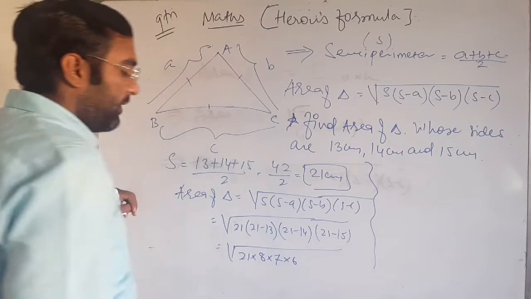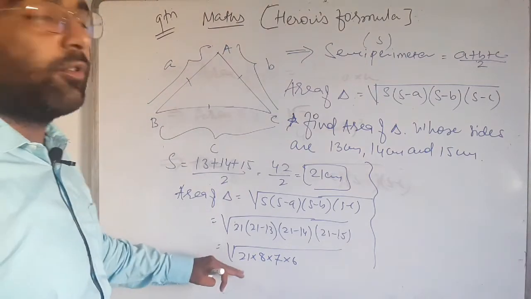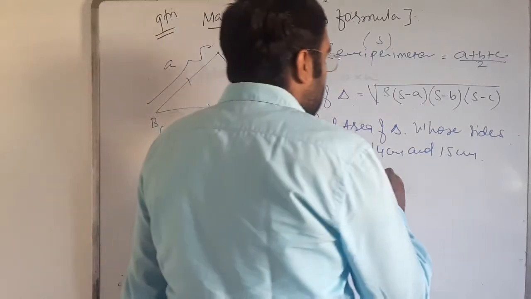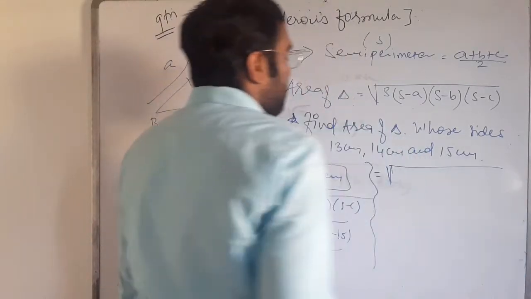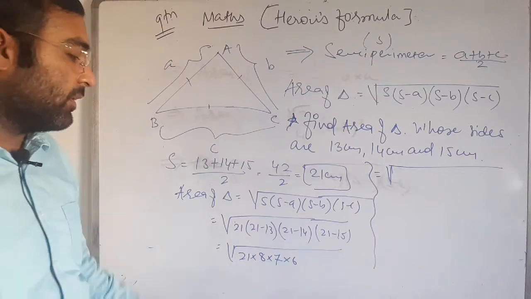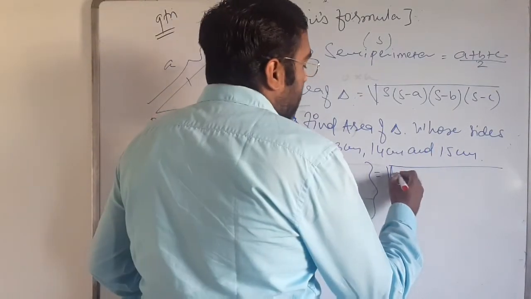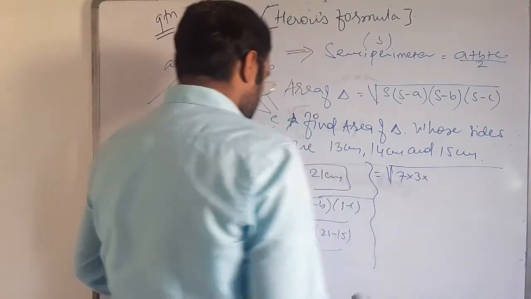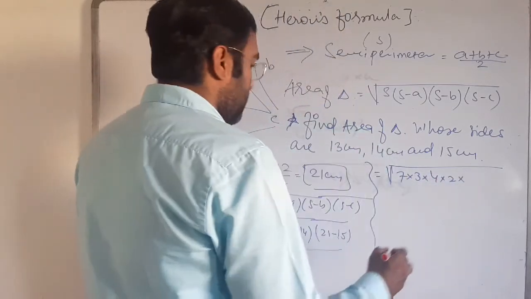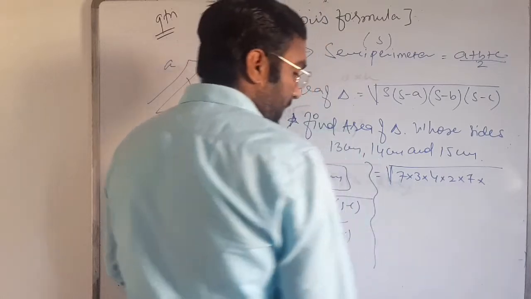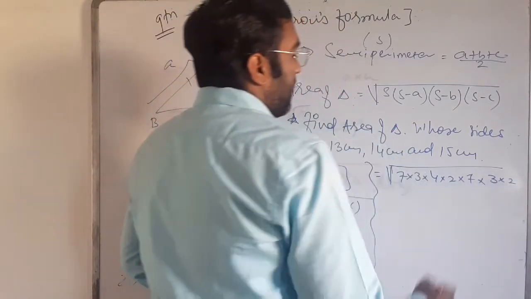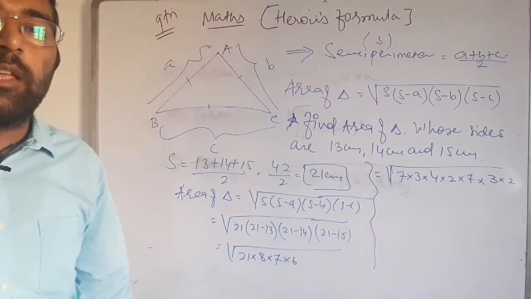After that we have to find the square root of these numbers. The easy method is to factorize them. We factorize 21 as 7 times 3, 8 as 4 times 2, write 7 as it is, and factorize 6 as 3 times 2.